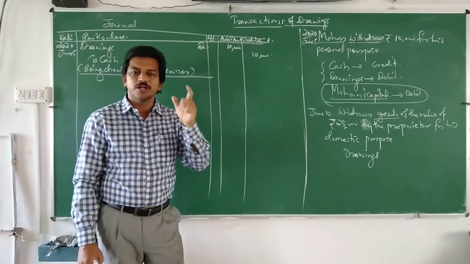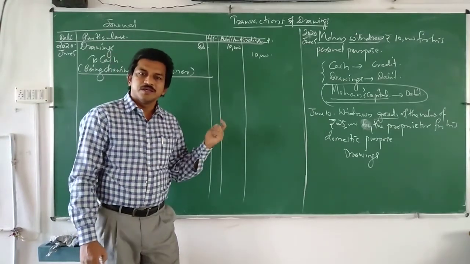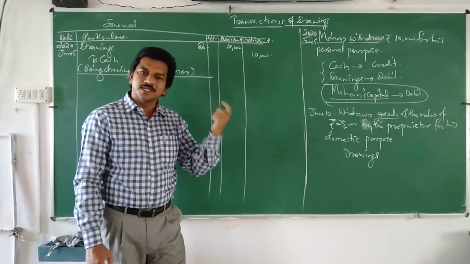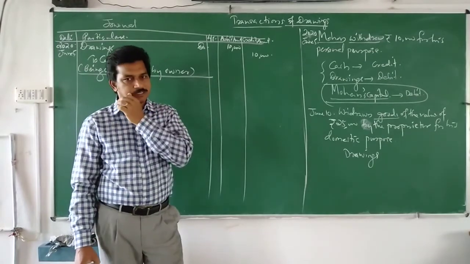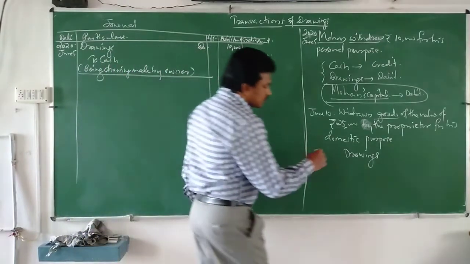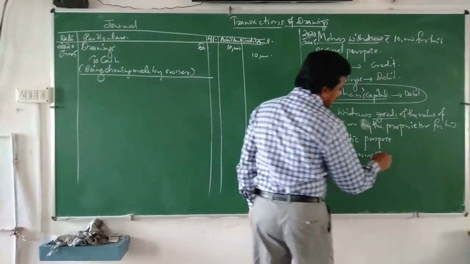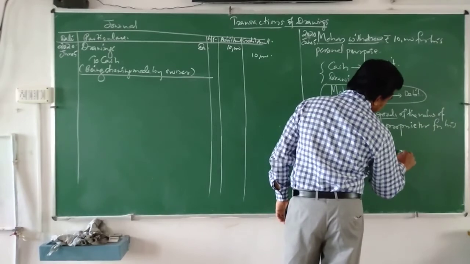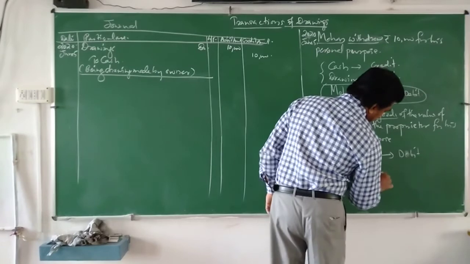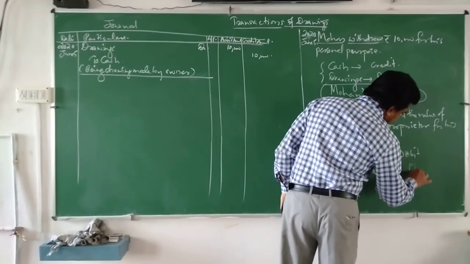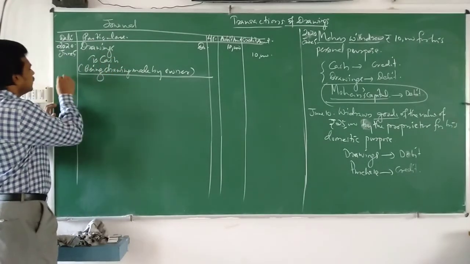That's what the modern approach rule says: for expense transactions, debit means increase, credit means decrease. So purchase decreases, so it can be credited. Okay, so purchase is another aspect. Drawings will be debit and purchase will be credit. So let us complete the entry here.